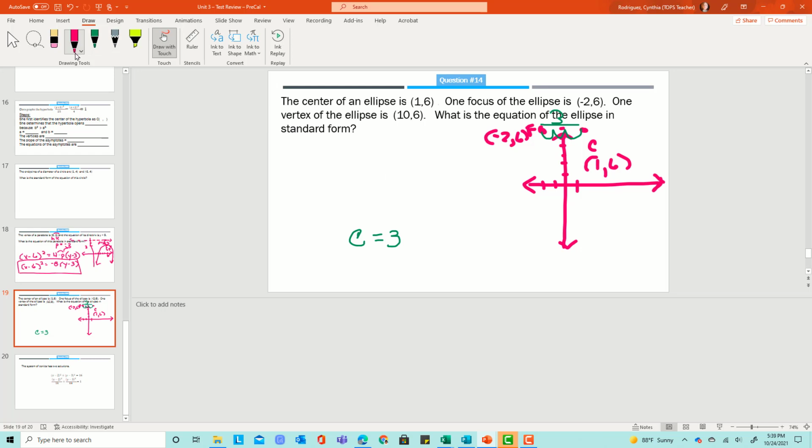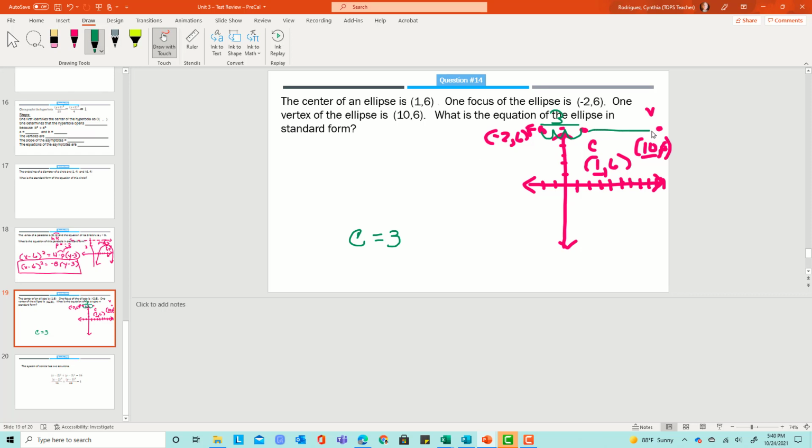All right, we also know that one vertex is at 10. So we're going to go over here 10 units. So if you look, the X is changing. To go from 1 to 10, we travel 9 units.